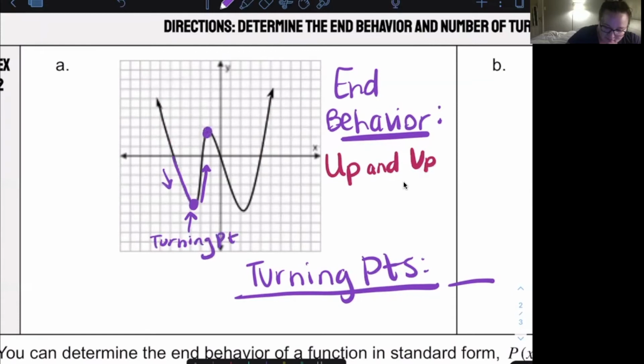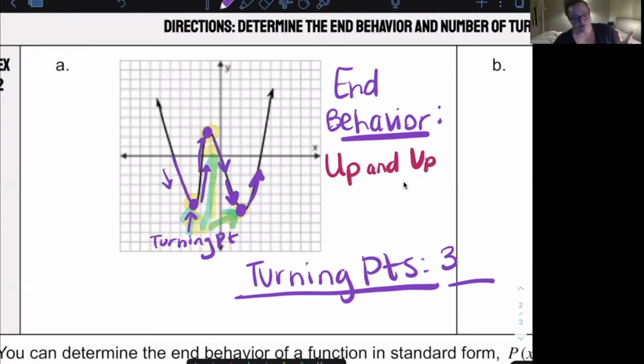Then up here, we increase until we get to that point, and then suddenly we decrease. So that makes this another turning point. Then I see another turning point here because our graph decreases, and then at this point, it increases again. So I found a third turning point. So we've got 1, 2, 3 turning points here.